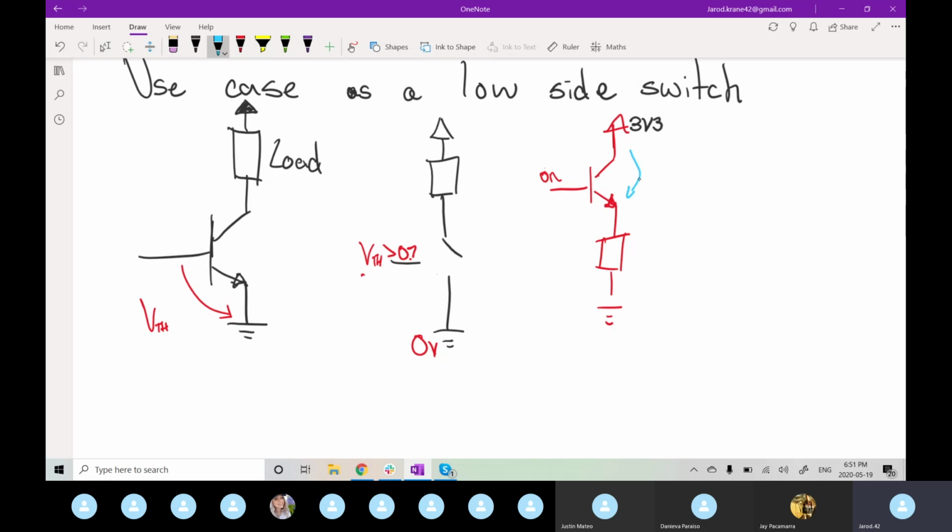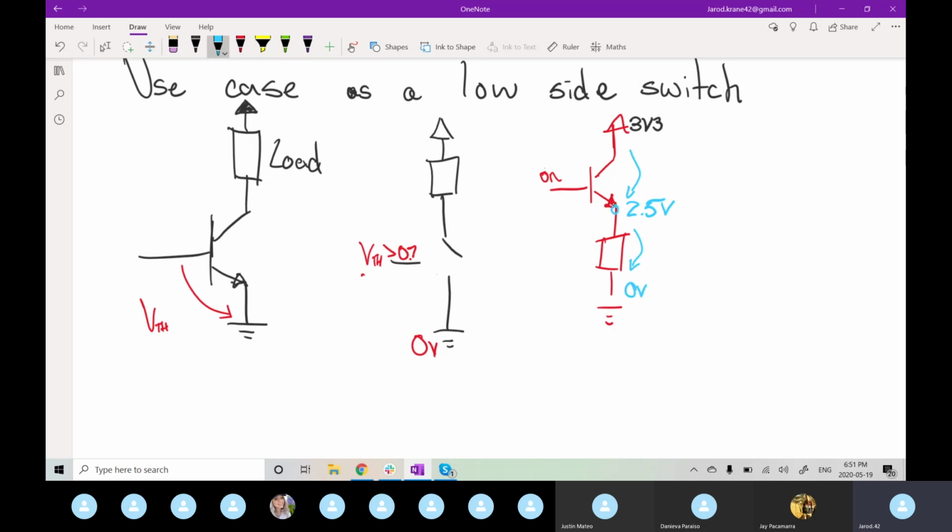We will see some voltage drop across the transistor, putting it at 2.5 volts maybe, before it goes through another voltage drop through the load and hits 0 volts.